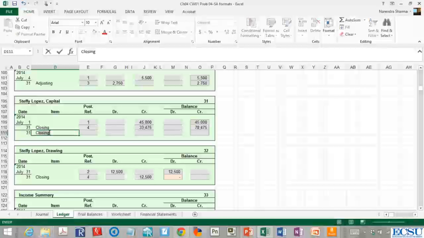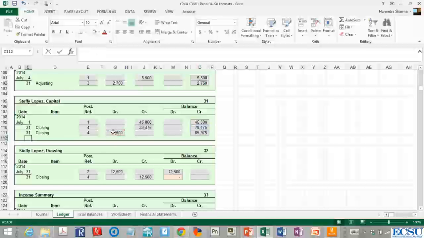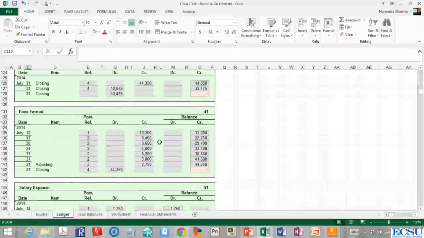So that will be again closing, and page number 4, debit of 12,500. And this will be, of course, 78,475 minus 12,500 will give you 65,975. Now we have finished what you call posting the closing entries to the ledger.